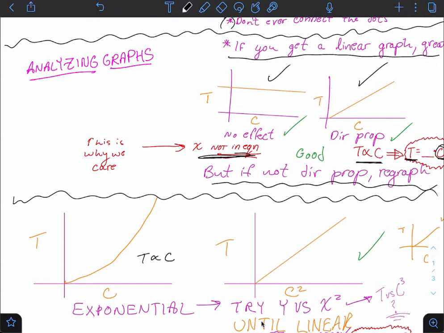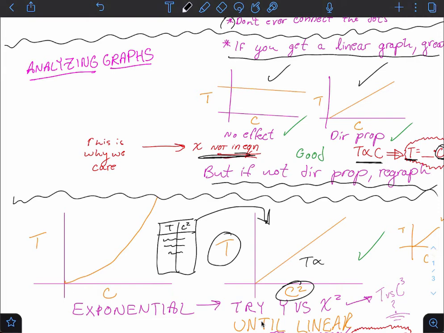The way you figure out which one it is, you have to go back into your data table and make a second data table of period versus color squared. Once you fill that data out, you're going to have to regraph it and hope that you eventually end up with a linear relationship. If you do with t versus c squared, that's your relationship: period is proportional to color squared.